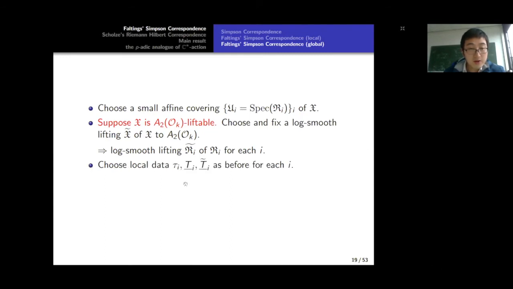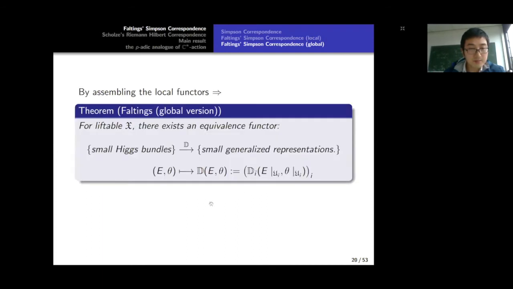And then we choose local data tau_i, T_i, and T_i tilde as before for each i. Then we get local functors, which we denote by D_i, which depend on this choice of local data.